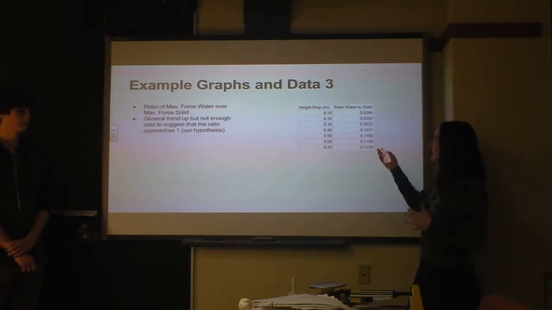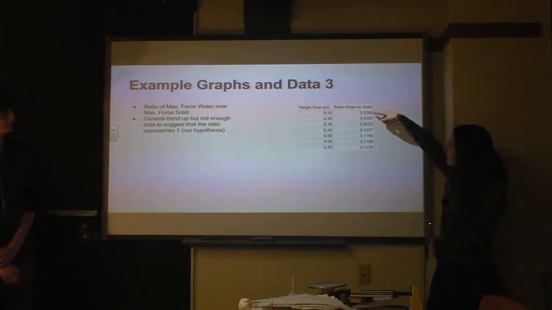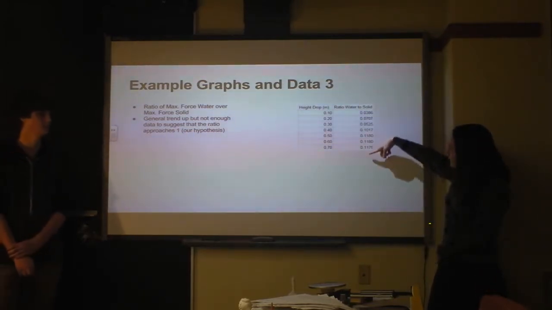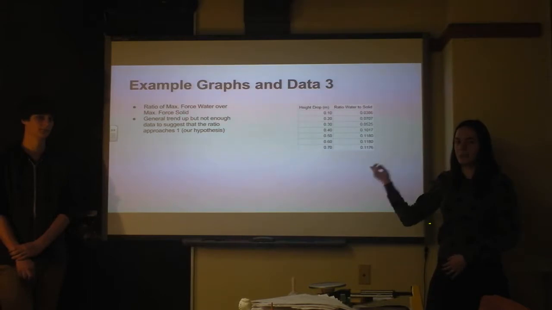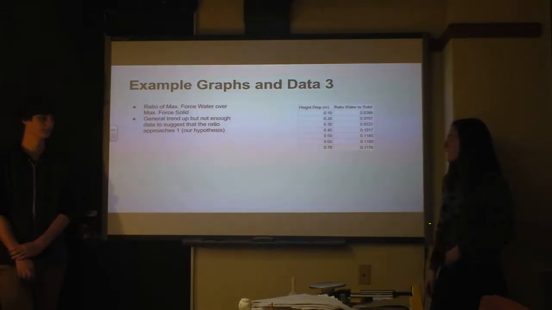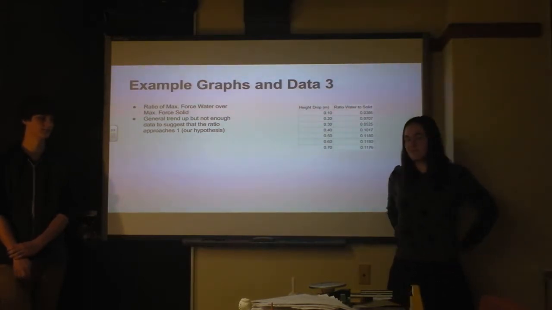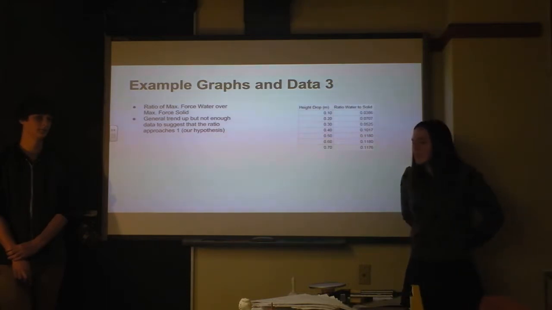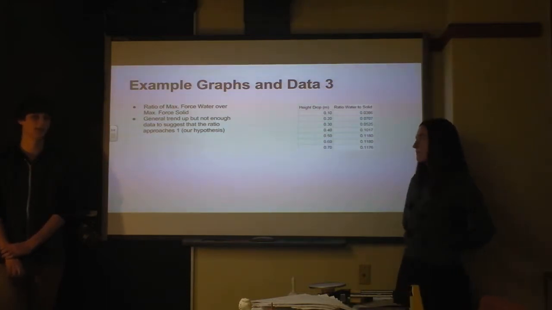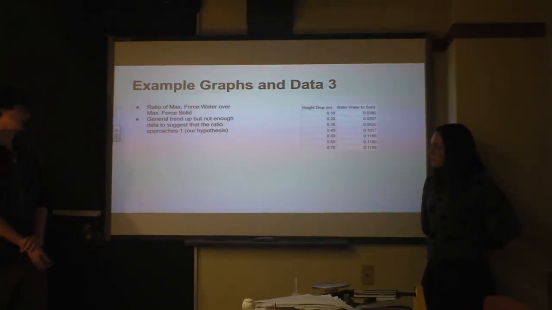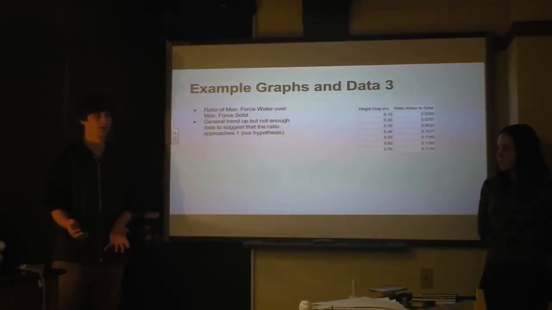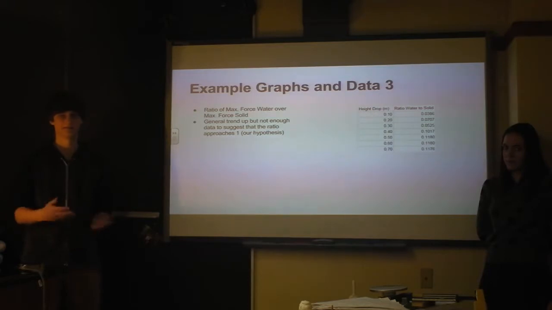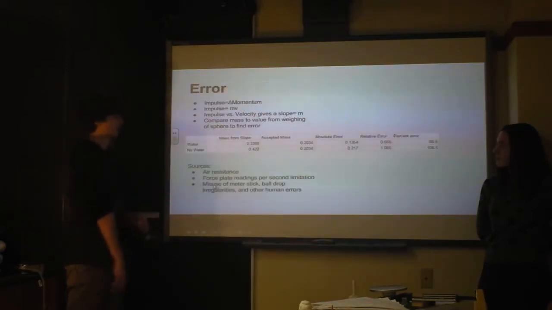And so it gets a little bit bigger. Like here it's 0.03, and it gets up to 0.11, but at the end it stops increasing. It's also a really small increase. So I don't really know if this shows a nonlinear correlation, but we will need more data. If we had more data, then we could see if the ratio approached 1, which means that the water would act like a solid at 1.